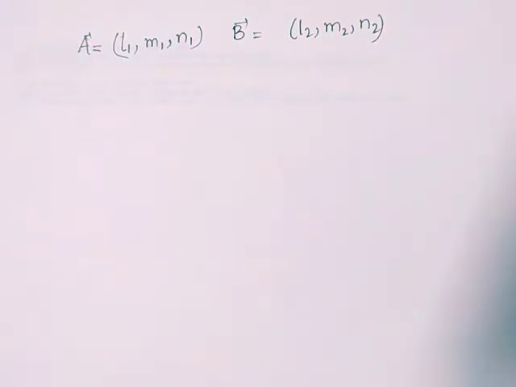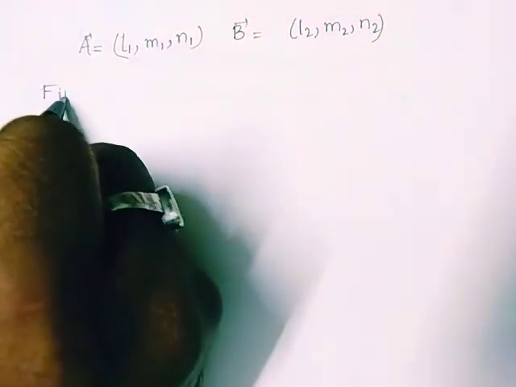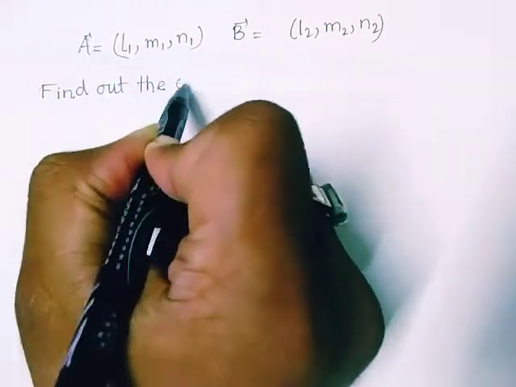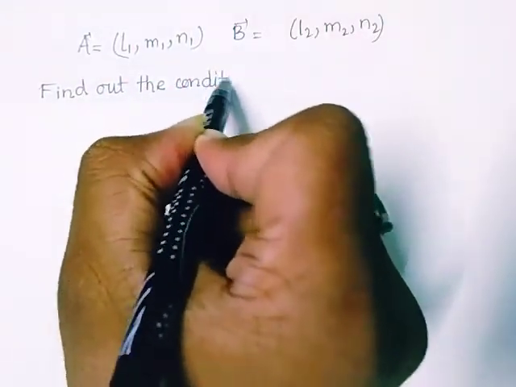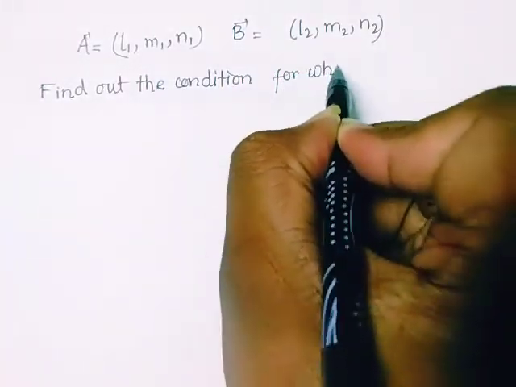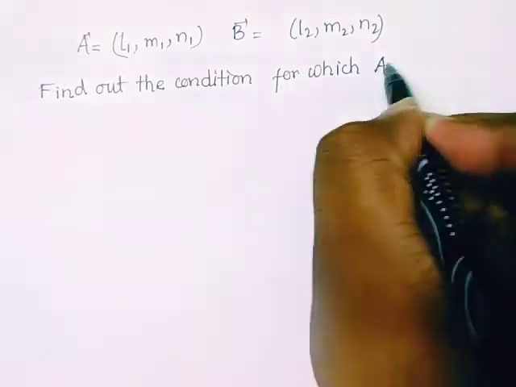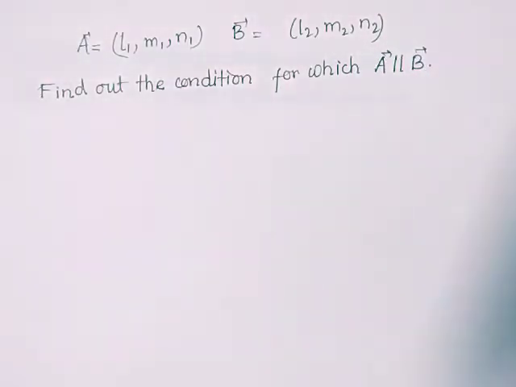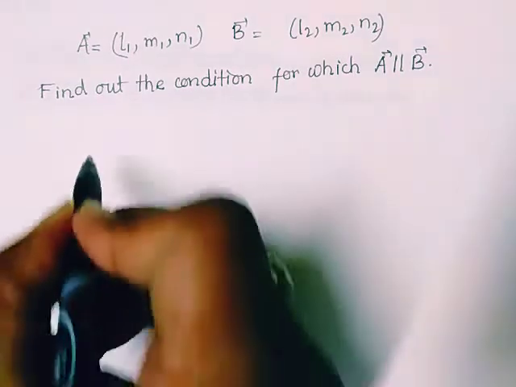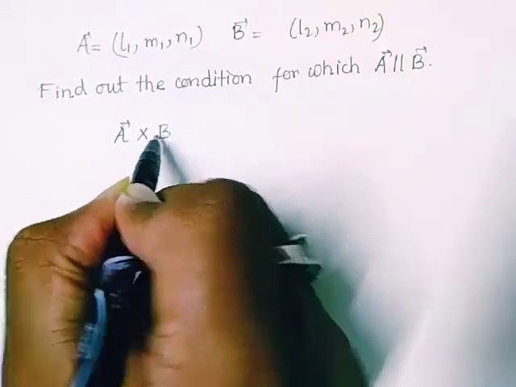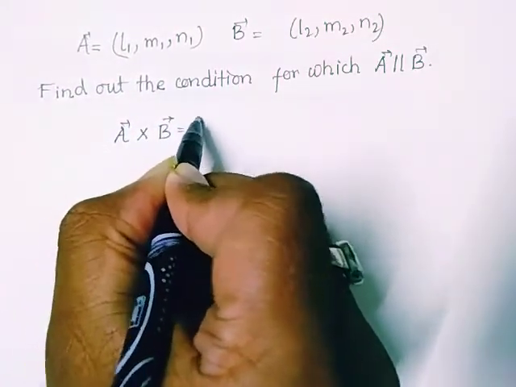Now find out the condition for which A vector is parallel to B vector. If the two vectors are parallel to each other, we can write A cross B equal to 0 vector.